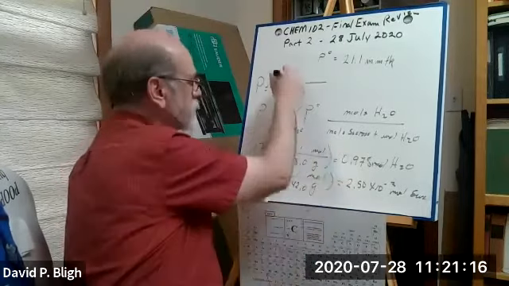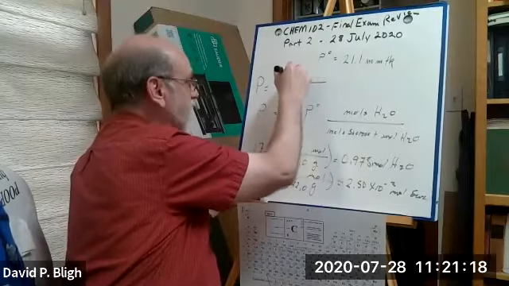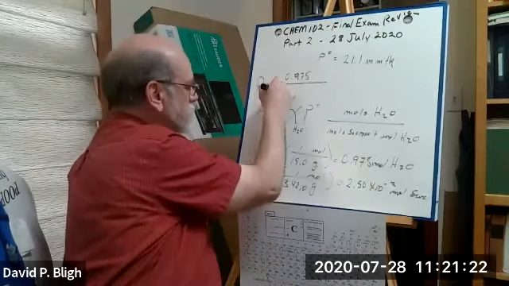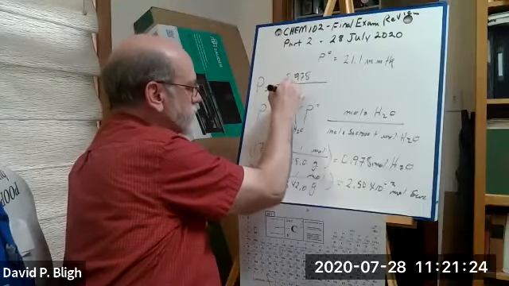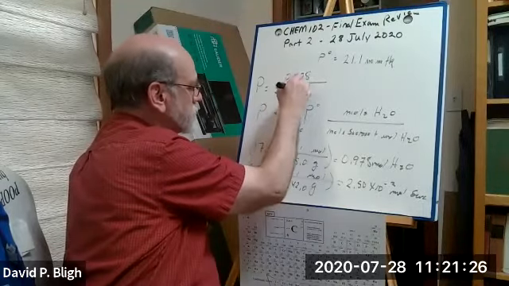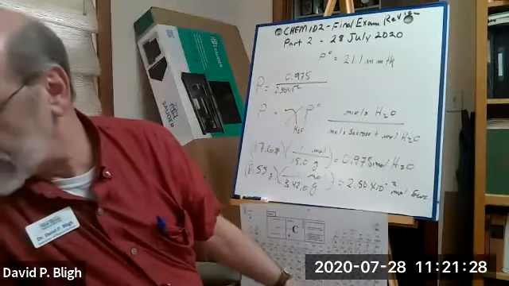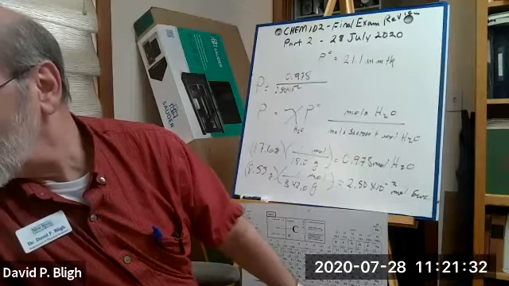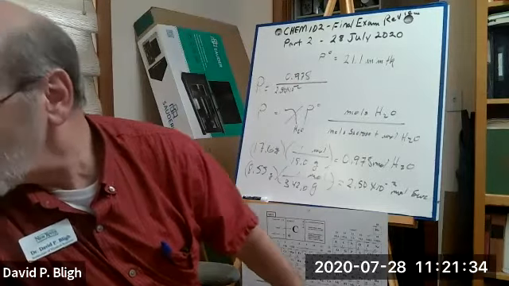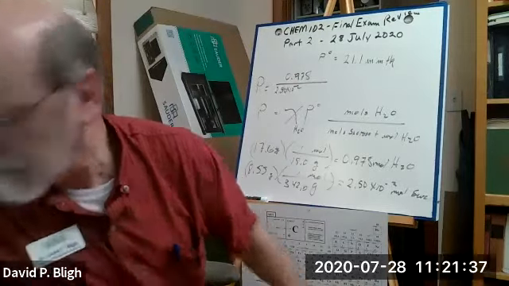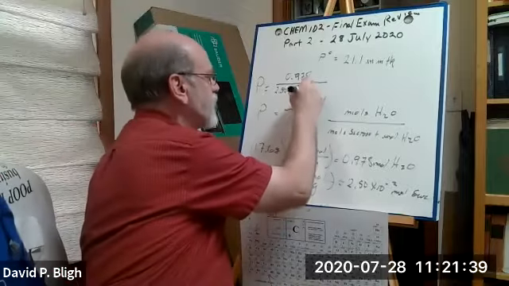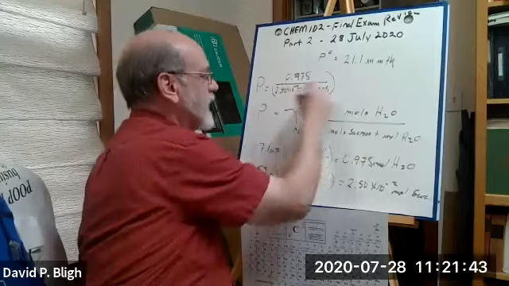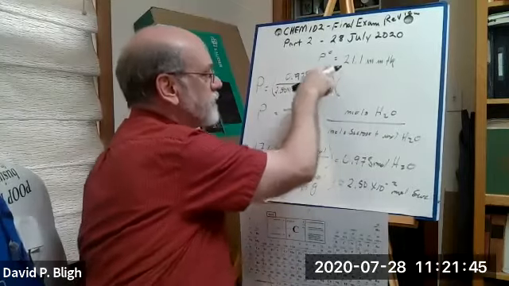Moles of water, 0.978, and then 2.50 times 10 to the minus 2. Is that what I said? Just check myself. Yep. Plus 0.978. And that's times the pure vapor pressure.